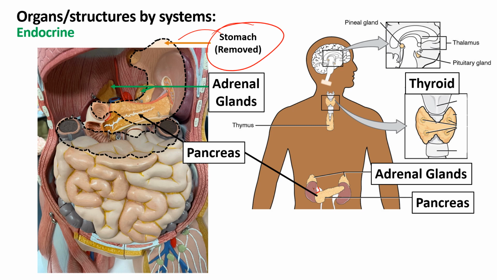I'm going to show you another picture so you can see the kidneys and the adrenal glands. In the next picture, I'm going to remove essentially all the small intestine, large intestine, the pancreas and all that, and you're going to see just the kidneys and the adrenal gland.